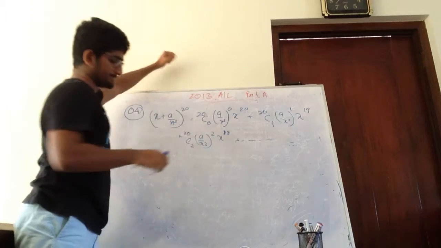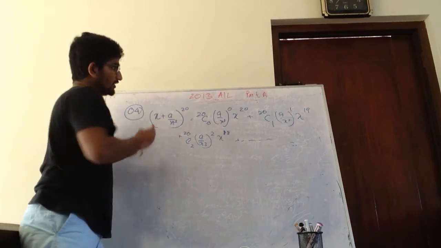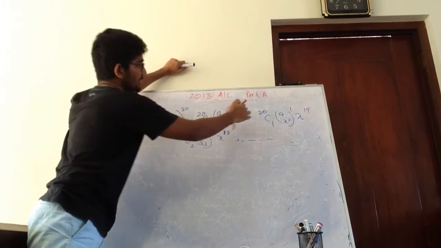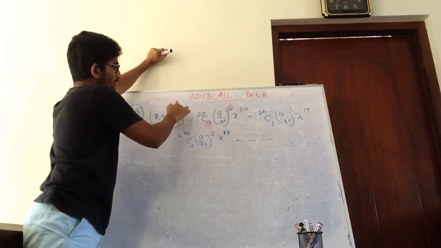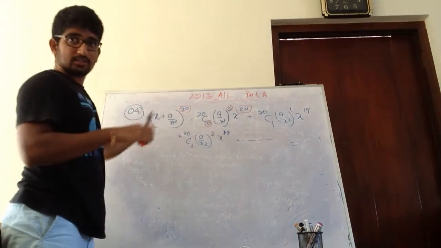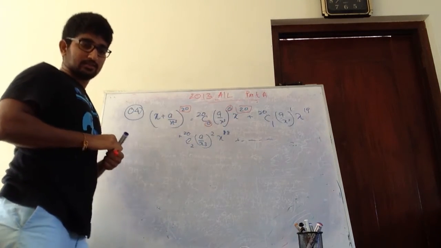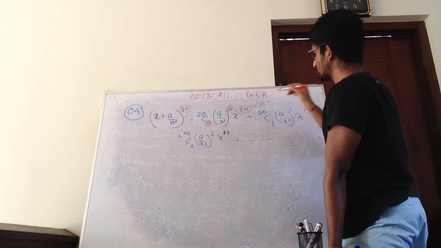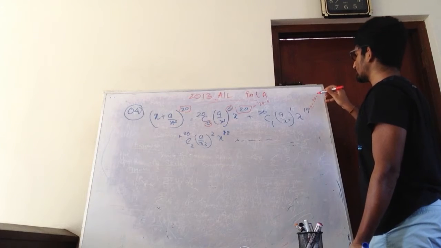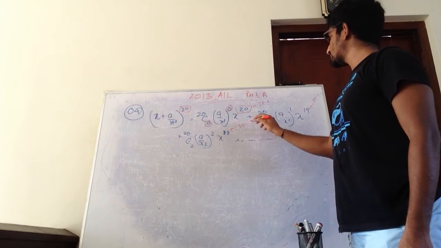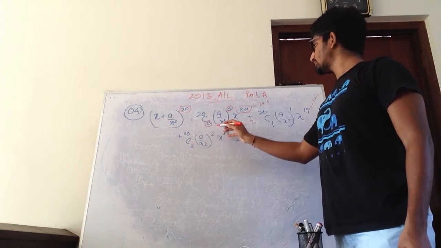Now if you see, this first term is the same as this, and it starts from 0 and the power reduces gradually, correct? So this can be written as 20 minus 0, this as 20 minus 1, this as 20 minus 2, and the 2 is here, correct?